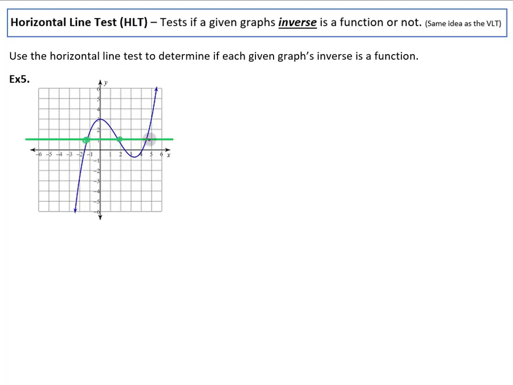This thing is crossing my graph, in fact, 3 different times here. And we know to be a function, it can pass through at most 1 time. Its inverse is not a function. This fails the horizontal line test.